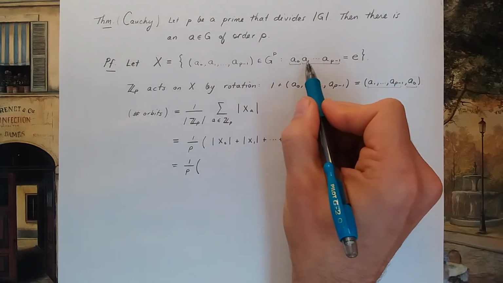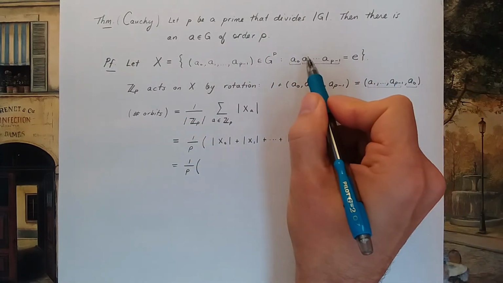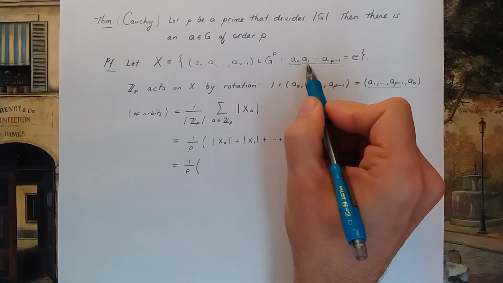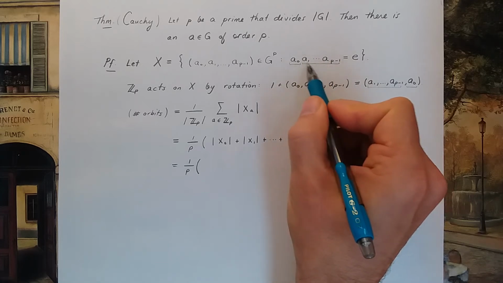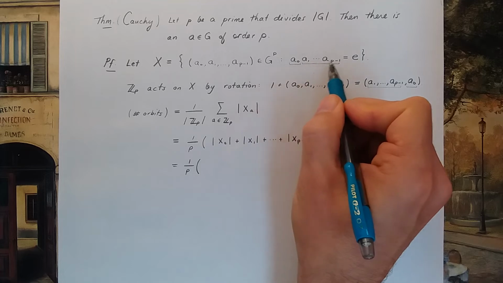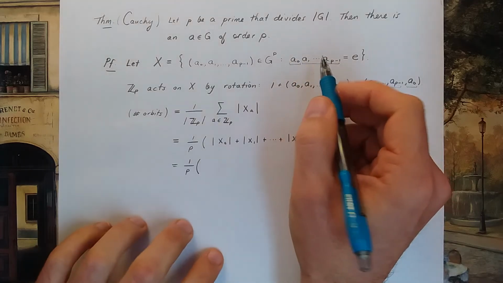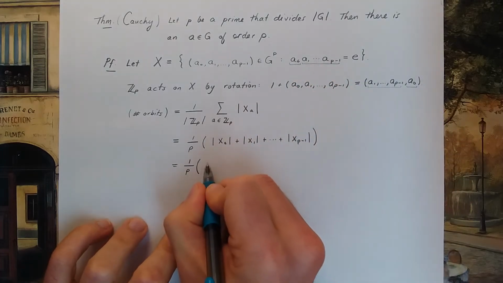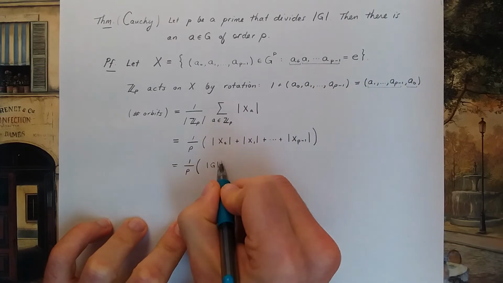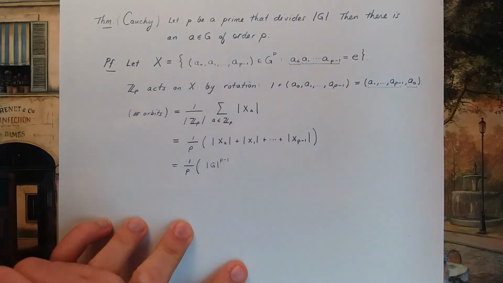It has to be the inverse of the product of my other choices. So I have p minus 1 free choices of anything in the group, and after I make those choices, a0 is dictated. I can't pick that one. So the size of the set X is the number of elements in the group to the p minus 1 power.